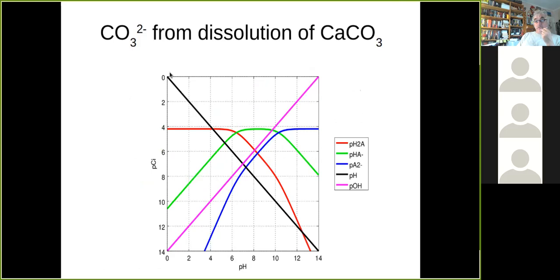Well, here we had another total concentration, but the level of carbon dioxide, or carbonic acid, is constant until we approach the first pKa.